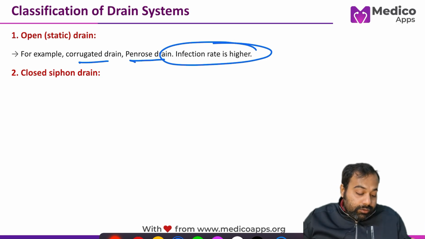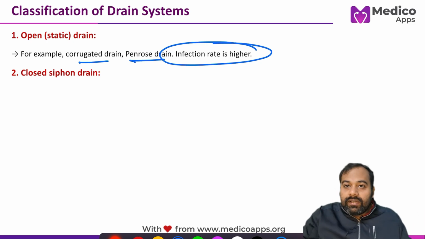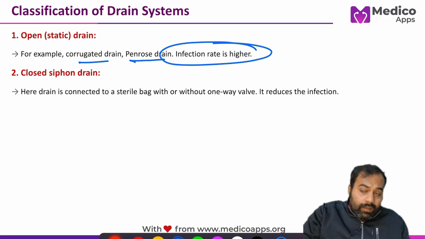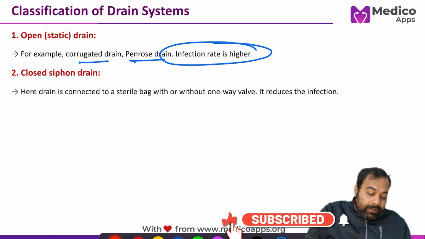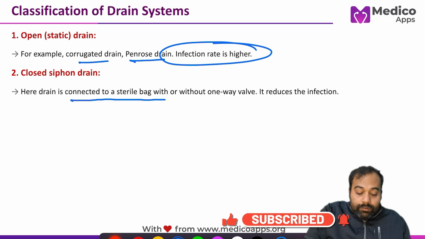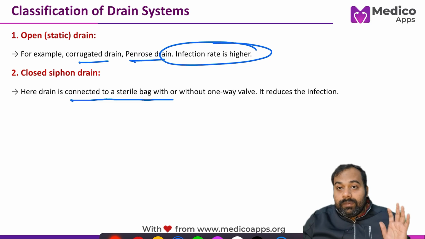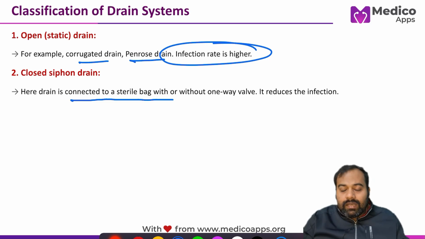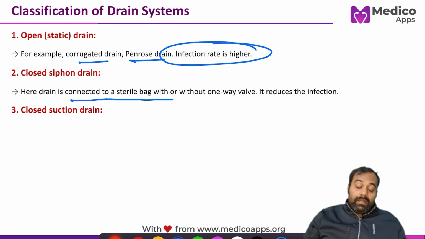Now, closed drain we can divide into two: one is the closed siphon drain, another is the closed suction drain. In the closed siphon drain, the drains are connected to a sterile bag, with or without a valve. Sometimes there is a valve, sometimes there is no valve, and the infection rate is much reduced.